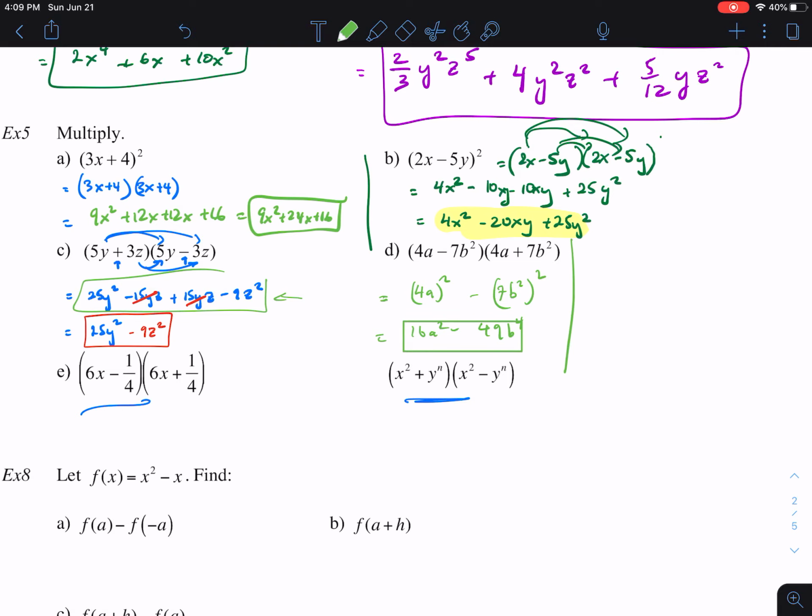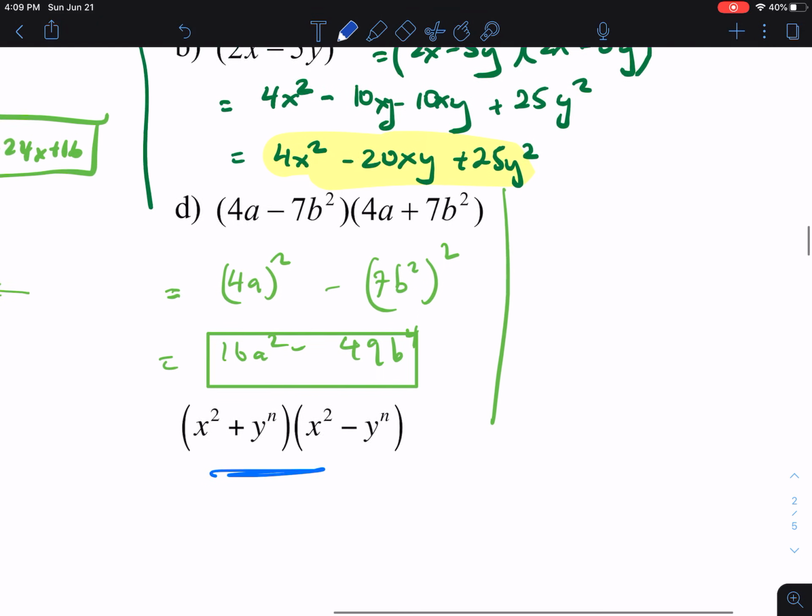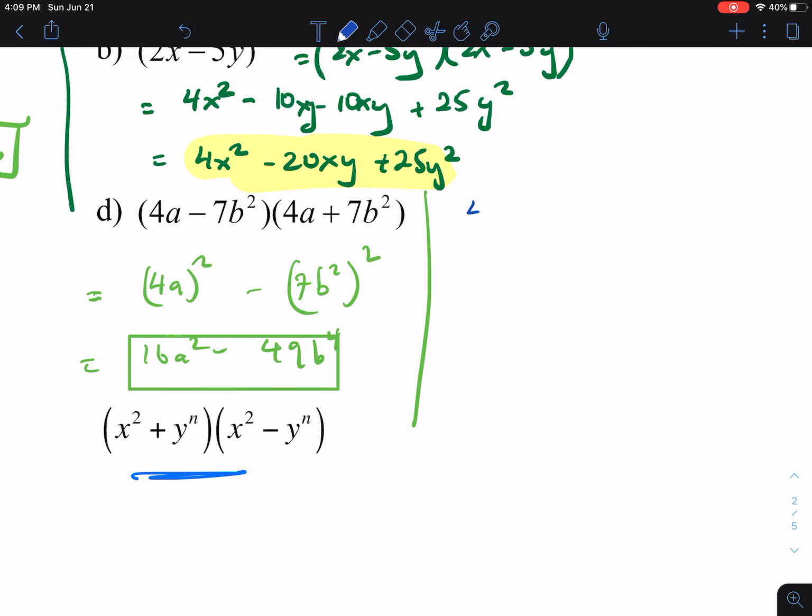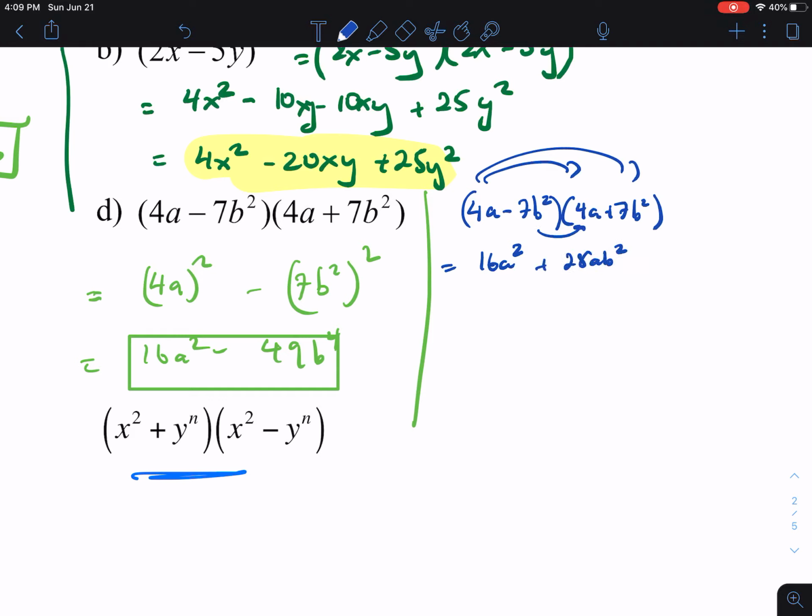Let's check if our answer is correct. If we were to do the long way and FOIL it out, you have 4a minus 7b squared times 4a plus 7b squared, so we get 16a squared, then 28ab squared minus 28ab squared, minus 49b to the 4th, right?